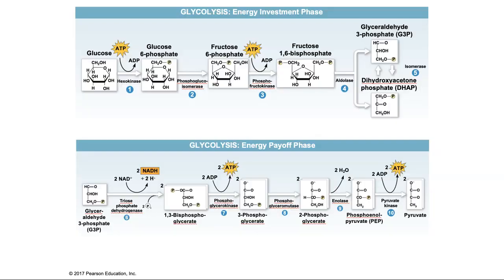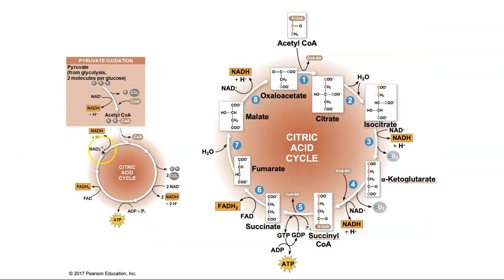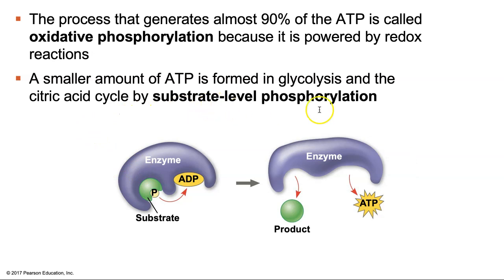That's exactly what's occurring here. So this is substrate level phosphorylation. The same exact thing happened with the citric acid cycle, right? Here's the ATP being made. Again, this is with an enzyme. You don't see the name of the enzyme here, but this is also substrate level phosphorylation. So glycolysis and the citric acid cycle are both examples of substrate level phosphorylation.